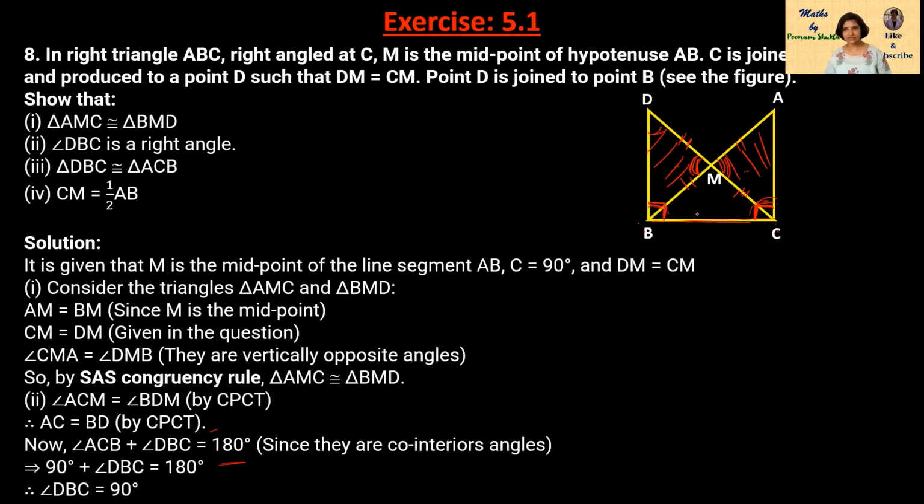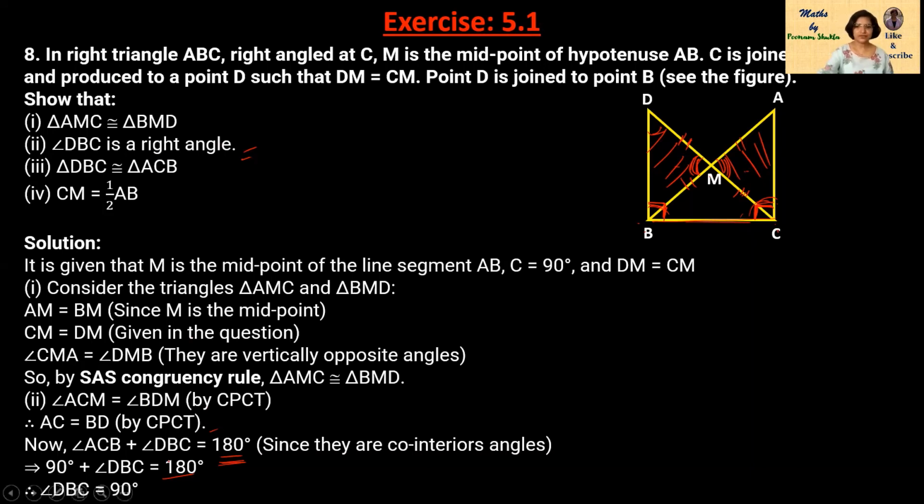In co-interior angles, the condition is that they make a sum of 180 degrees. And we know that angle C is 90 degrees. So we put the value: 90 plus angle DBC equals 180 degrees. So angle DBC will be 90 degrees, which means it is a right angle, right?